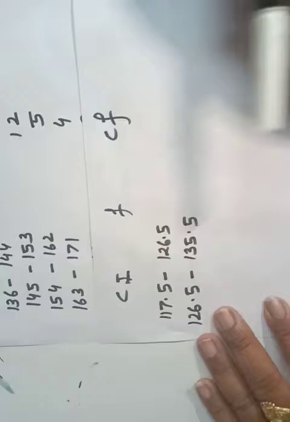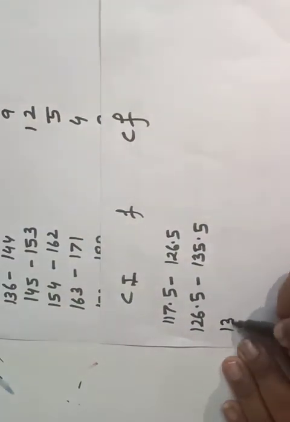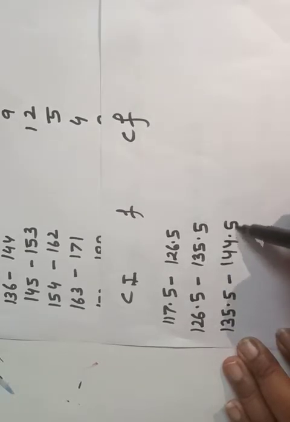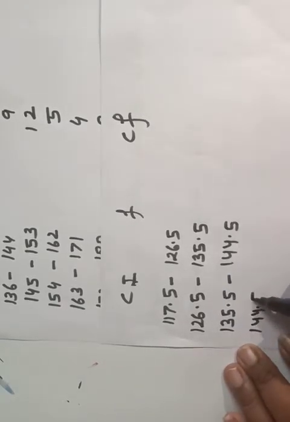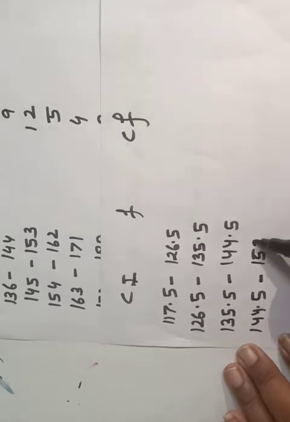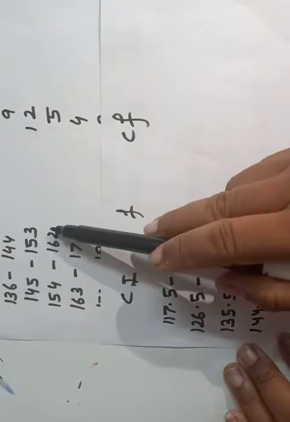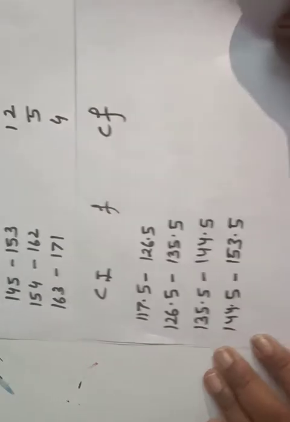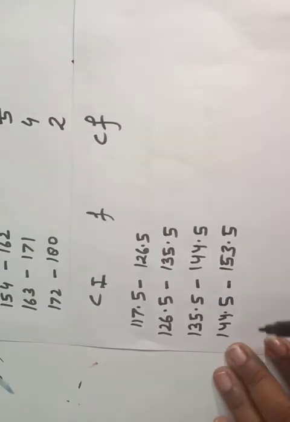Yes, similarly we will change all the class intervals and we will get 135.5 to 144.5. Here 144.5 to 153.5. We are adding 0.5 to the upper limit and subtracting 0.5 from the lower limit.